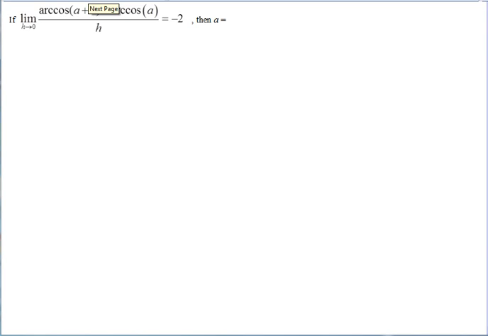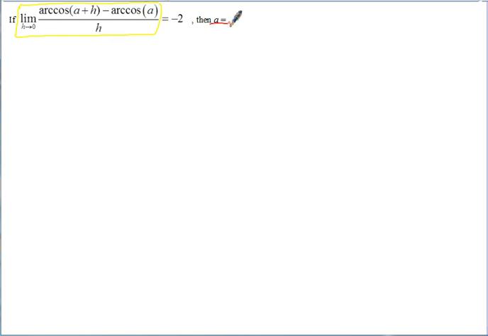Take a look at one more here. So it says the limit as h approaches 0 of arc cosine of a plus h minus arc cosine of a over h equals 2. And a equals negative 2, then a equals. So on this one, we first have to recognize, okay, this fits our definition of the derivative. The difference though, instead of x, we've got a.